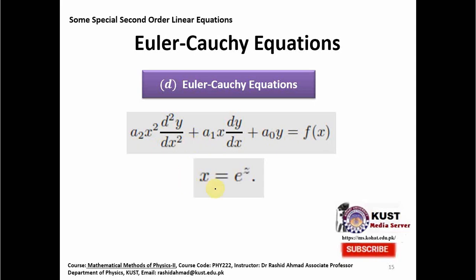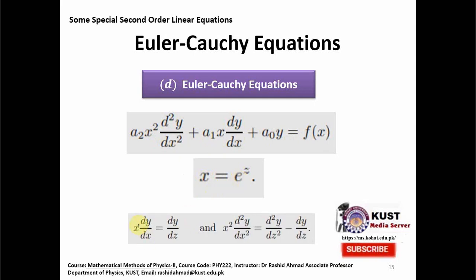Here, what we do is put x equal to e raised to power z, and then if we differentiate, x dy by dx equals dy by dz, and this equation turns out to be x square d square y by dx square equal to d square y by dz square minus dy by dz.